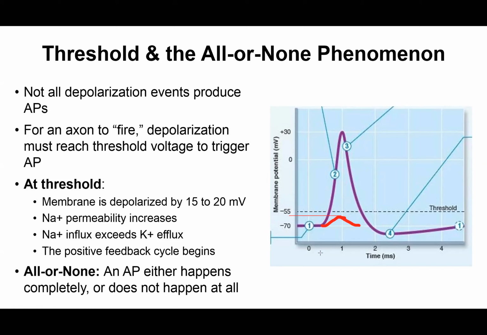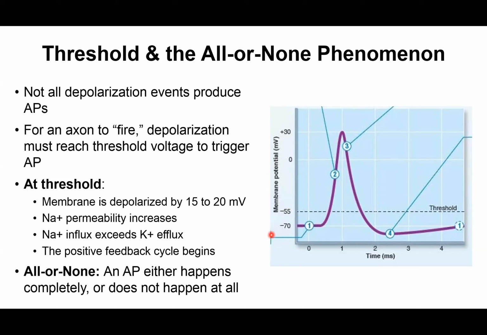So at threshold, the membrane has been depolarized by 15 to 20 millivolts, and this is going to lead to the sodium permeability increasing, and that sodium influx is going to cause potassium efflux, and then the positive feedback cycle is going to begin.